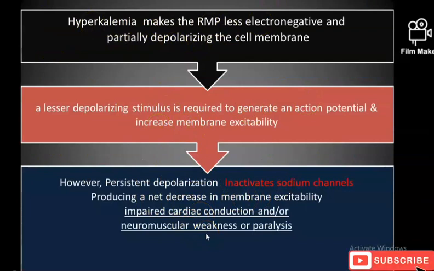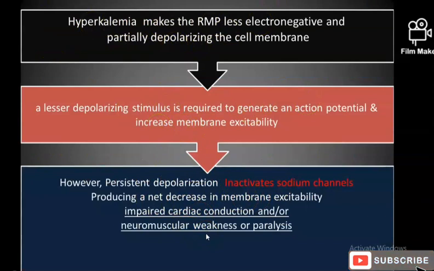So in the early phase of hyperkalemia, the resting membrane potential decreases from minus 90 millivolts to minus 70 millivolts, and that can lead to the opening of sodium channels with small stimuli, and that can generate action potential, and that can activate the membrane.